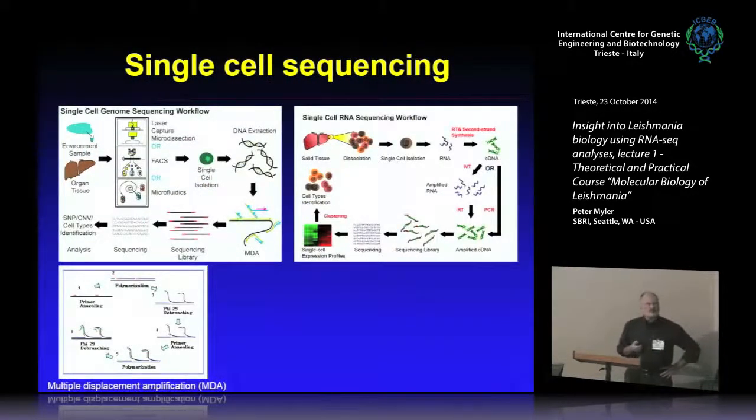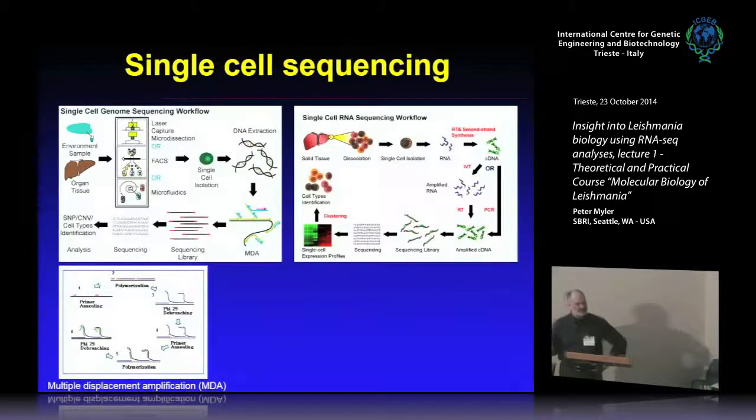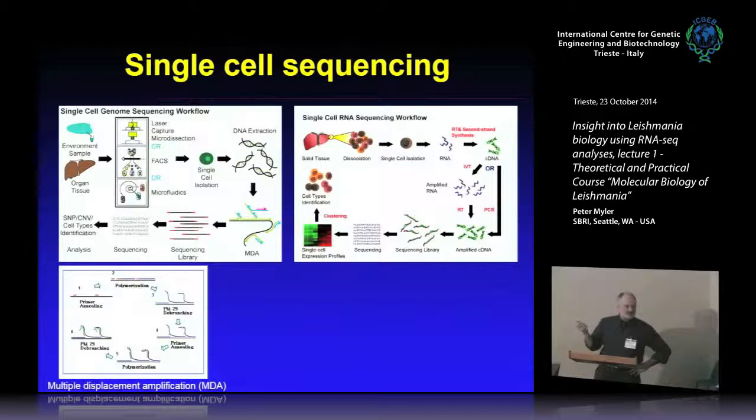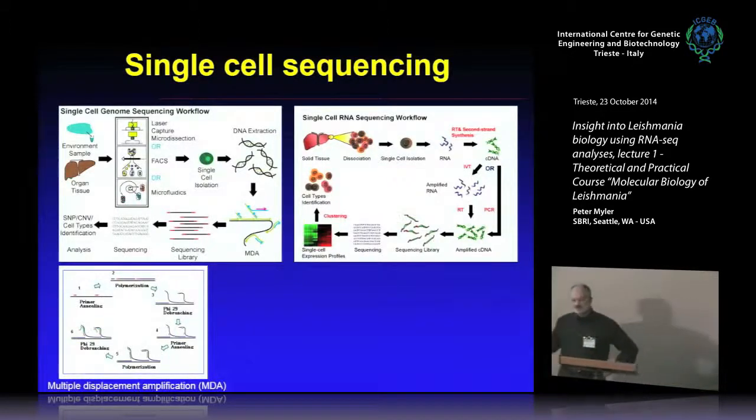The final slide before the break, I've got a couple more slides after this, sorry, is single-cell sequencing. I won't say anything other than there are techniques now available, at least for mammalian cells, for isolating single cells and making DNA and RNA libraries out of those single cells. And there are some efforts now being started to do this with Leishmania.